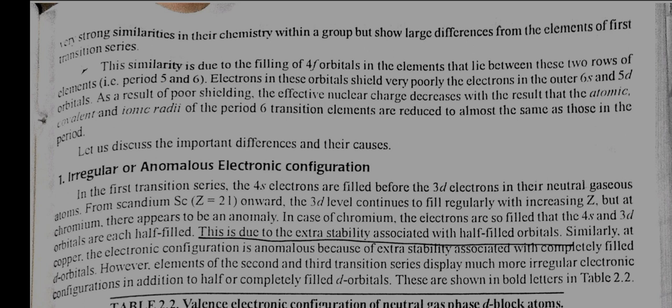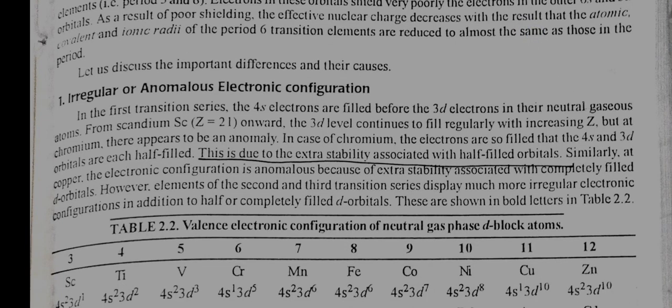Let us discuss the important differences and their causes. First, irregular or anomalous electronic configuration. In the first transition series, the 4s electrons are filled before the 3d electrons in their neutral gaseous atoms. From scandium onward, the 3d level continues to fill regularly with increasing atomic number.